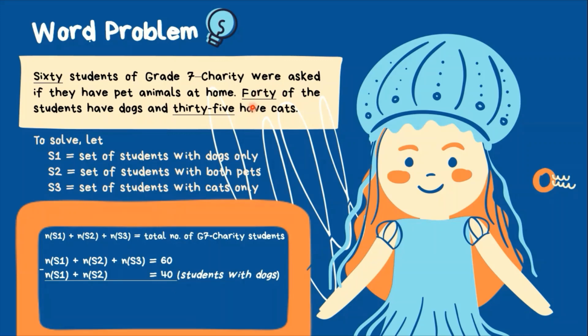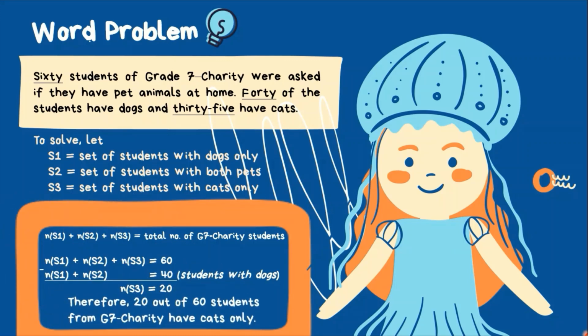Dahil sabi sa problem, 40 of the students have dogs. Subtract lang natin sila. 60 minus 40 is 20. So the cardinality of S3 is 20. Meaning, there are 20 out of 60 students from G7 charity that have cats only.